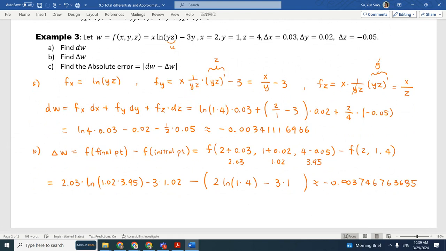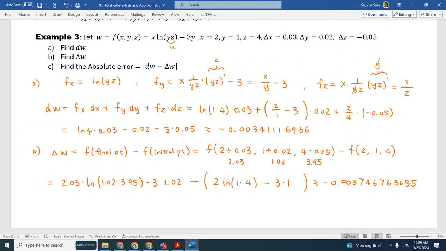Like that? Alright. And yeah, which is nice because they are close to each other. And we know they should be.